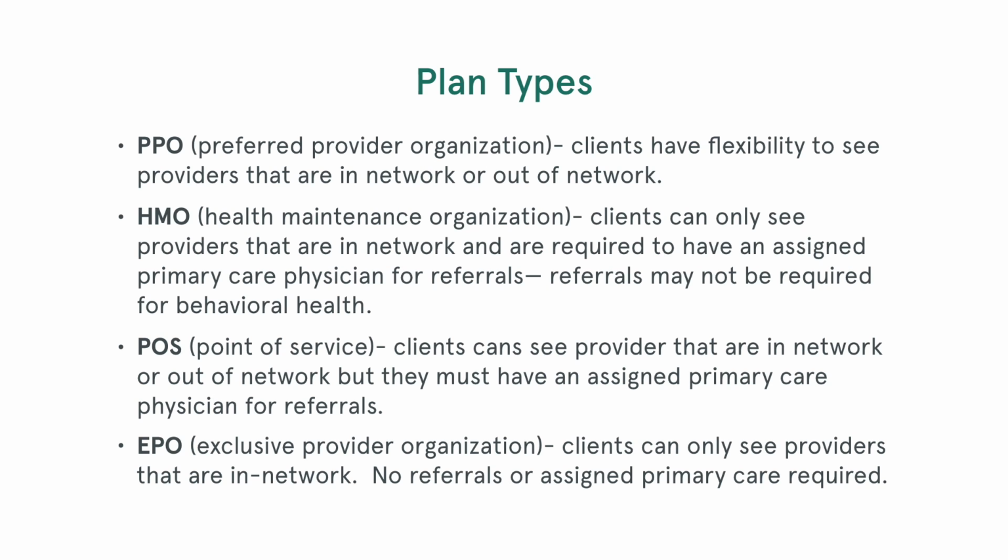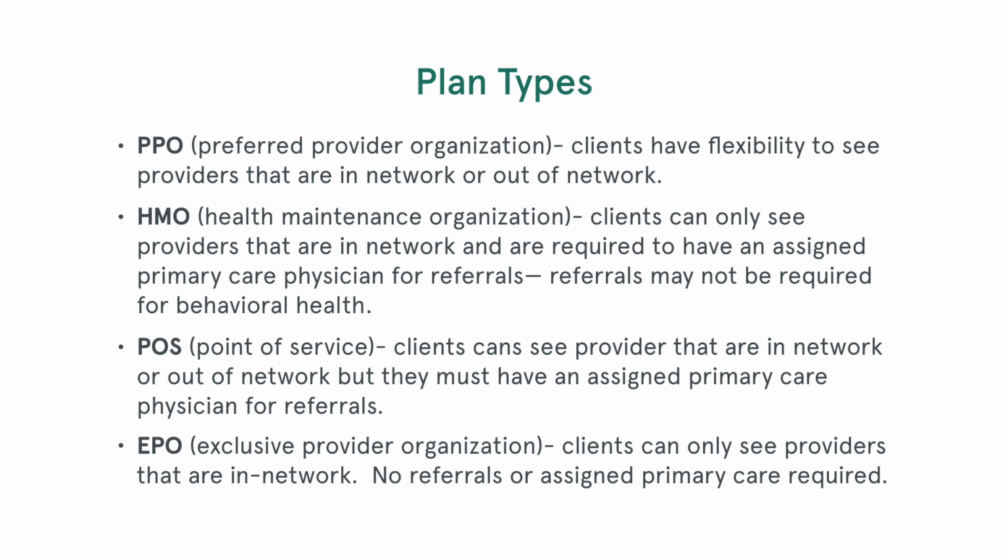Then next we have HMO, which is Health Maintenance Organizations. Here clients can only see providers that are in-network, and it is required to have an assigned PCP, or primary care physician, for all your referrals. Referrals may or may not be required for behavioral health. A POS plan is a point of service.